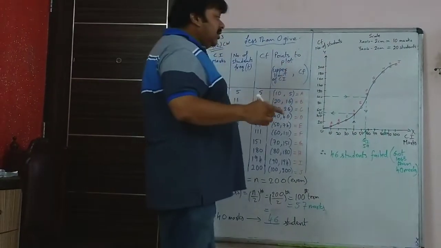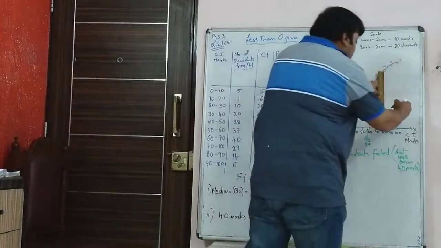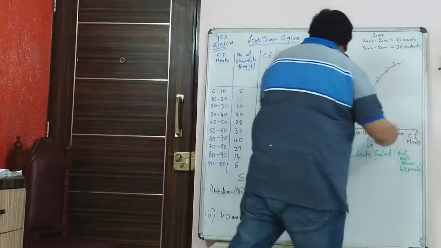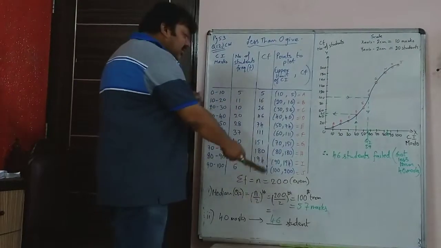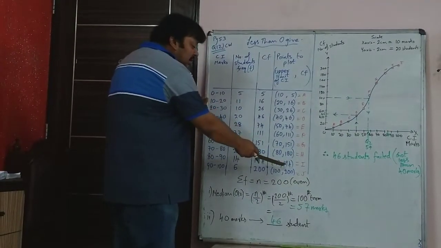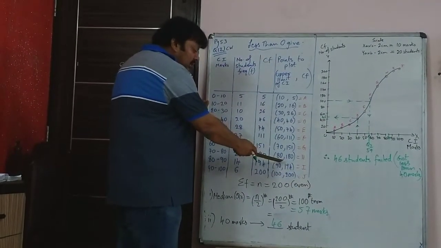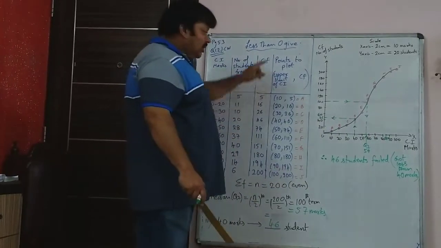85 marks is grade 1. So from 85 draw a vertical line up. Now this will vary because you have plotted 80 and 180, 90 and 194. There is no 85 plotted directly.